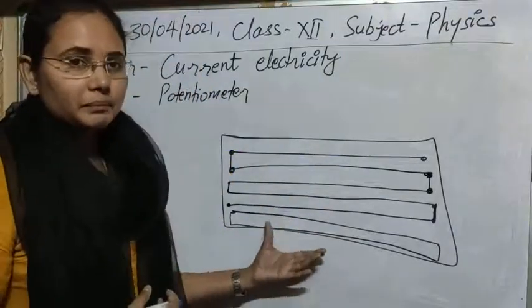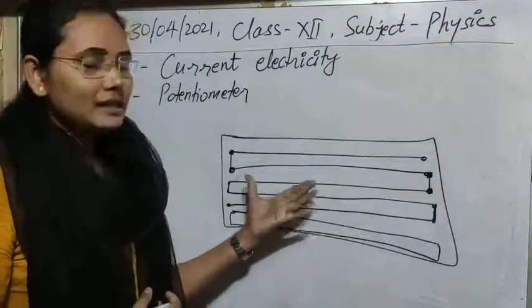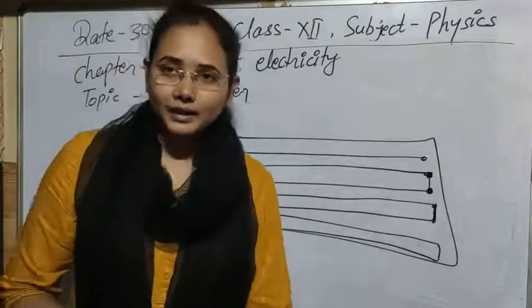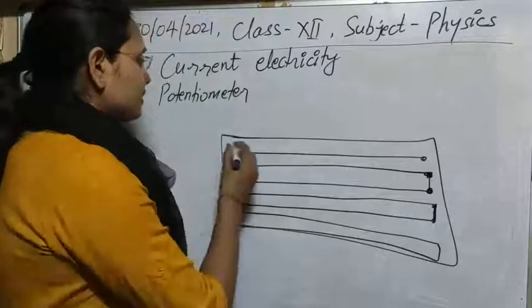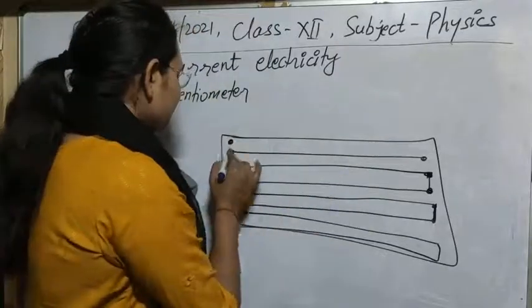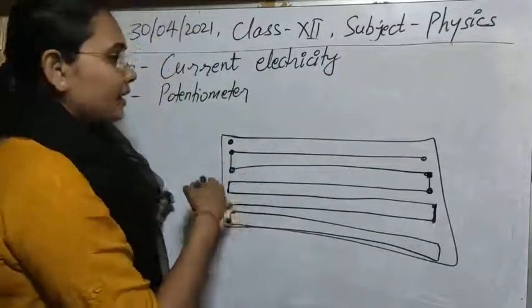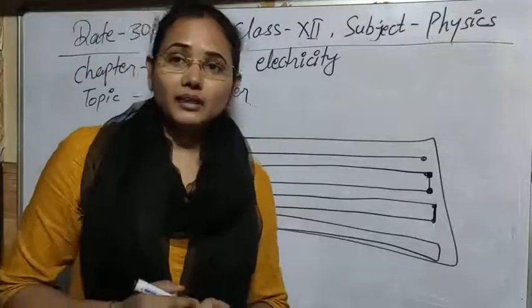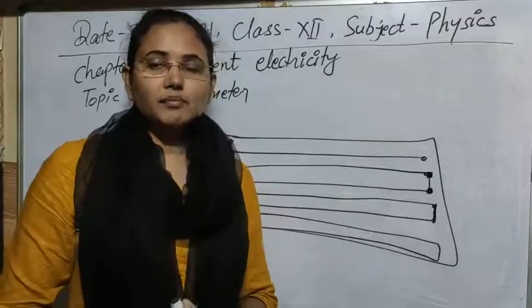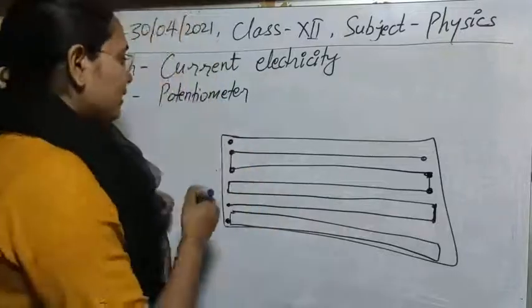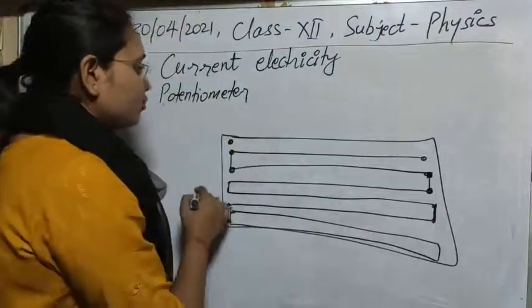Clear? So you can increase the length of the wire by using this. Also, we have a number of strips, 2 points through which we can connect batteries, a galvanometer, and a jockey. We connect a battery with the help of these 2 points.